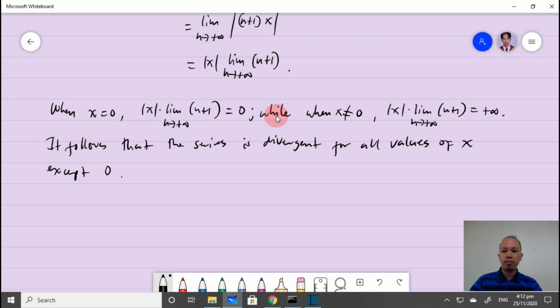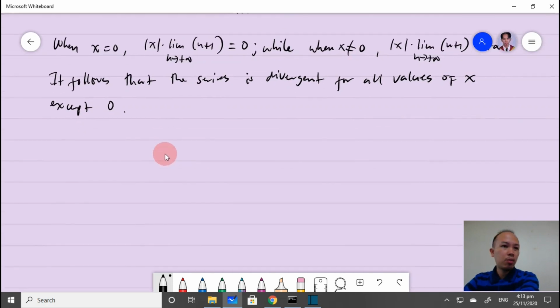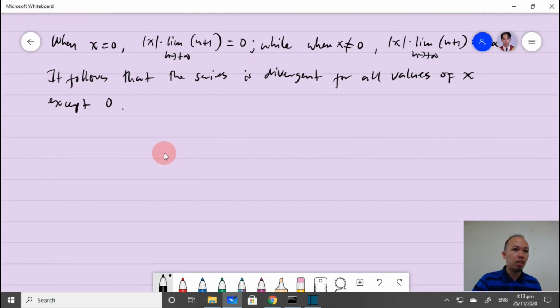So when x is 0, the limit is 0, which is less than 1, and this means that the series is convergent.